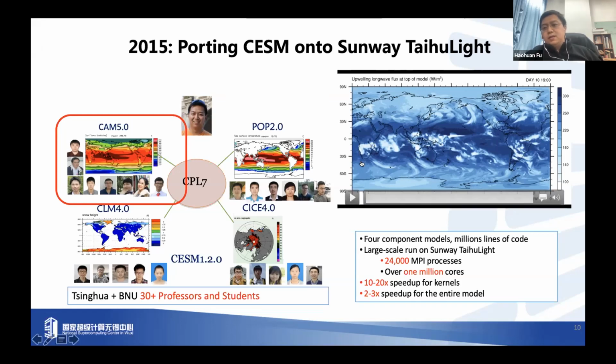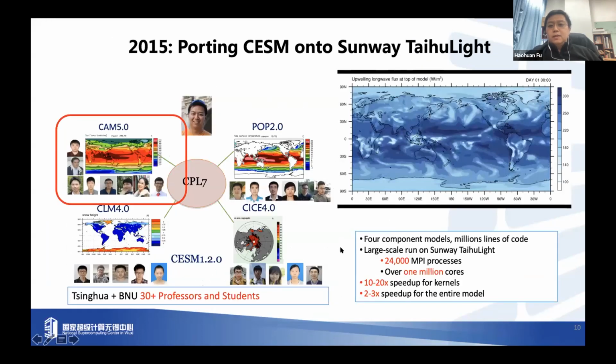So we did it actually in the 3 months. We can actually scale to a pretty reasonable scale with 24,000 MPI processors over 1 million cores, and we even get some speed up for some of the computing cores, pretty good speed up.